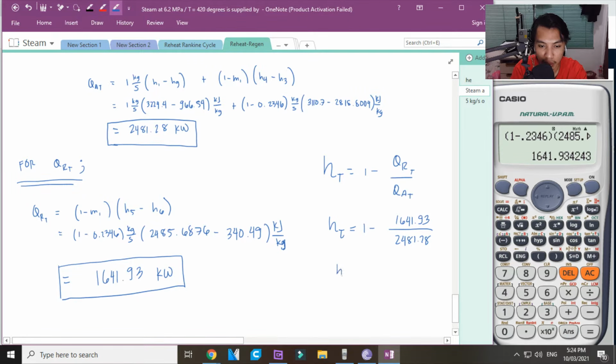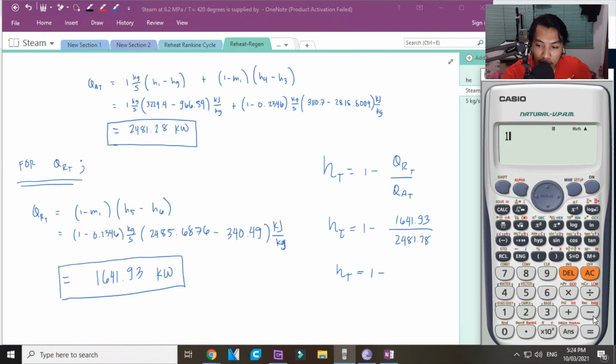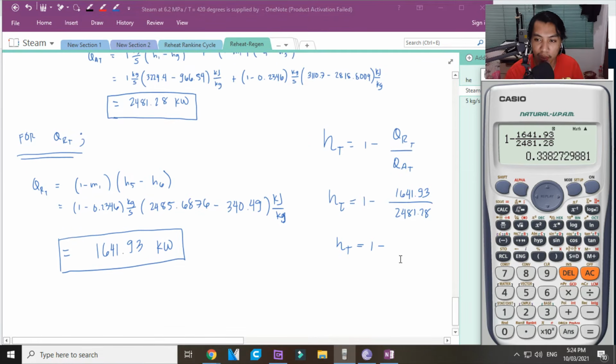Alam na natin yung thermal efficiency natin. Check na lang natin mamaya. 1 minus 1641.93 over 2481.28. Tagal talaga mag-solve nito. Oh, 'di ba?